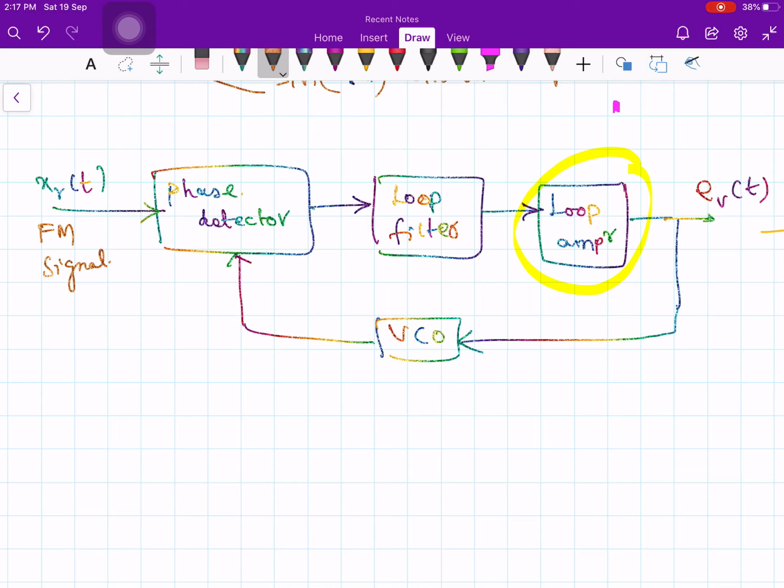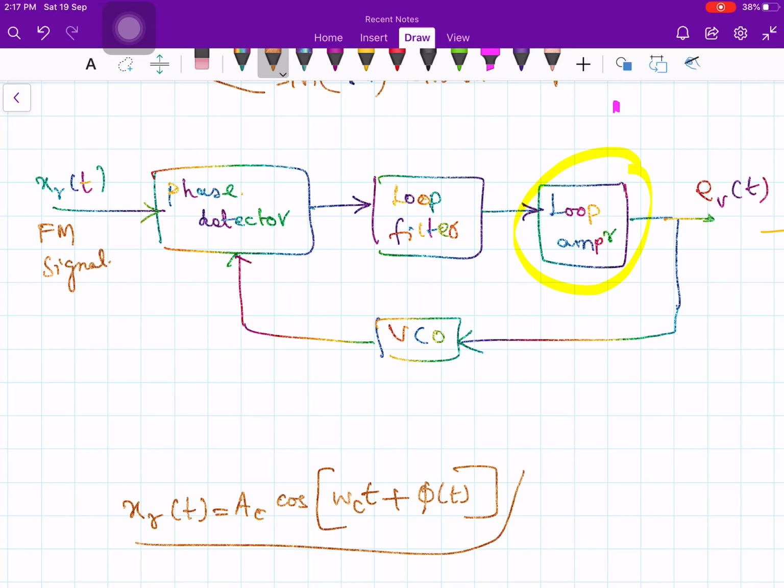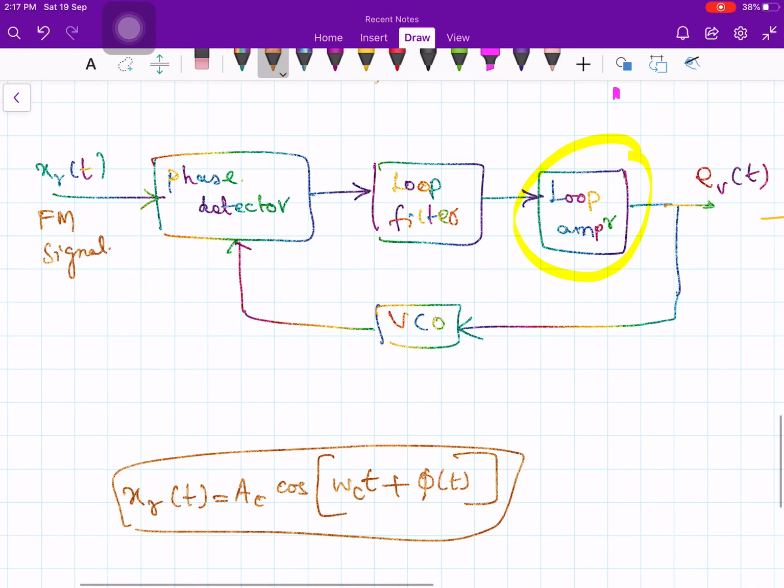The input is denoted by x suffix r of t, and I can write x suffix r of t is equal to AC times cos of omega ct plus phi of t. It contains the FM modulation. This is the FM modulated signal. Here phi of t will depend on M of t.